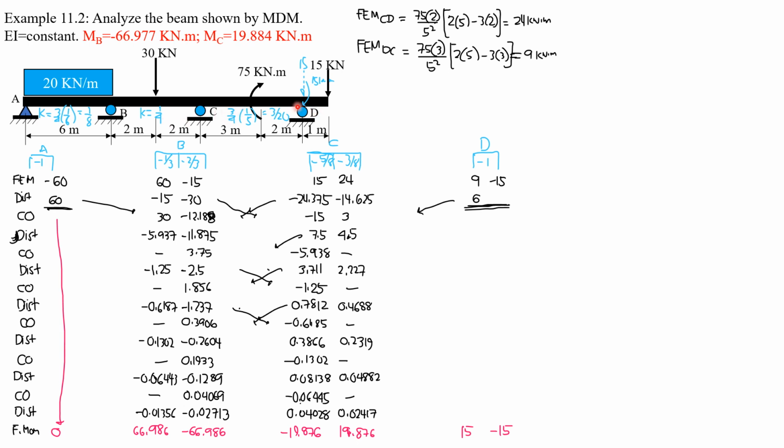CD is also an interior span, but this is my technique: I can cut this portion CD and imagine that this is the roller end, and I just transmit 15 kilonewtons here as well as the moment, which is 15 times 1 as shown. Which is counterclockwise for D to something, but clockwise for DC. So I now imagine that D is the final end roller support.